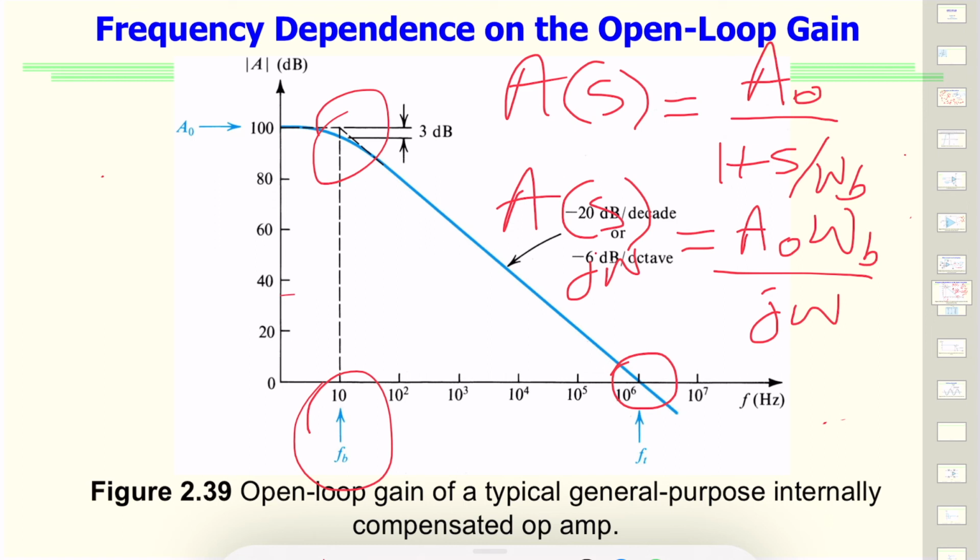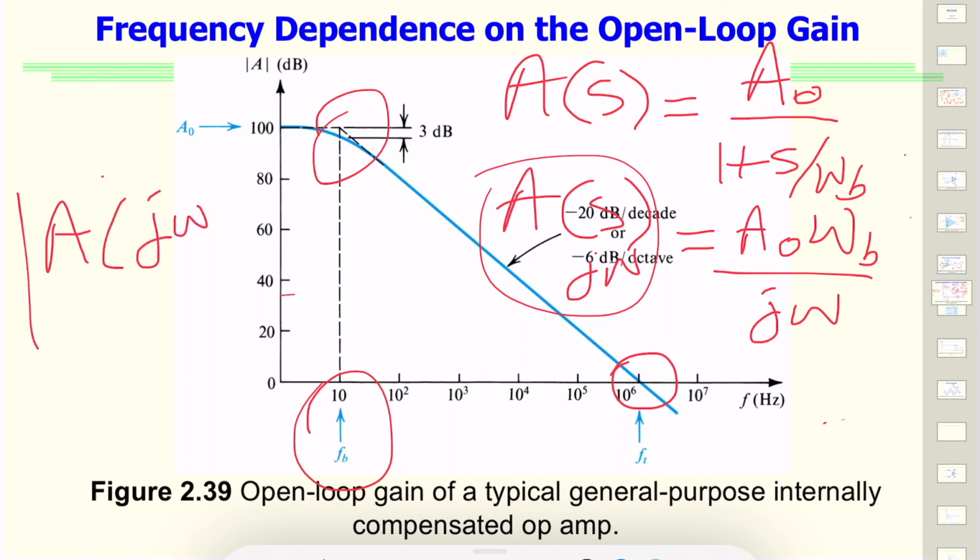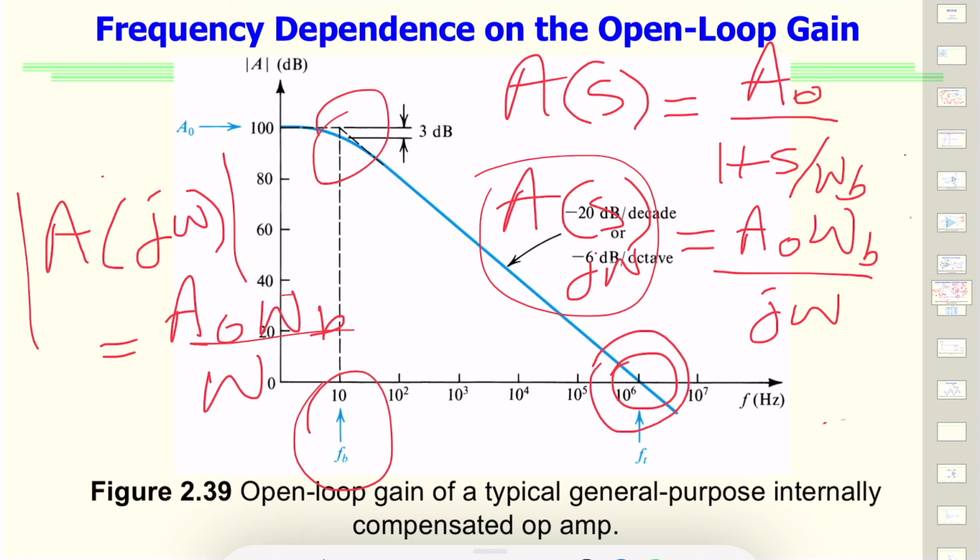And in this case, if we want to find the gain magnitude, that would be the value from the right hand side without the j part, and that would be A naught omega B over omega. So we see that as this reaches here, we reach the 0 dB point.